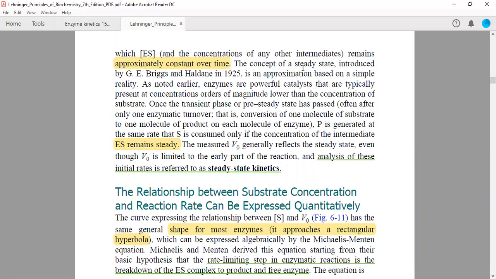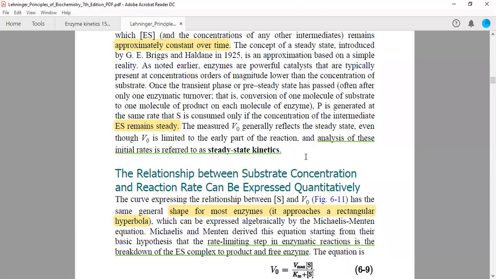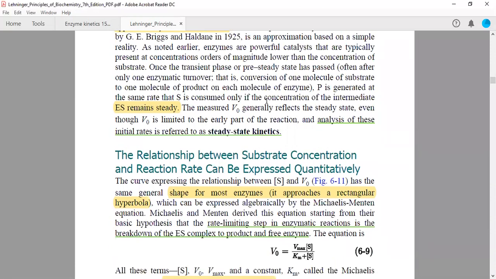This concept was given by Briggs and Haldane in 1925. We have discussed this part in our last class, so you can read this text, but whatever is written, I already told you. So this will remain constant or steady. Therefore, it is called the steady state assumption, and the analysis of this initial rate is referred to as steady state kinetics.